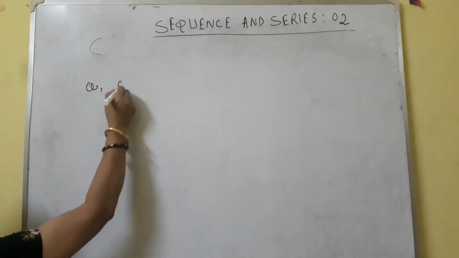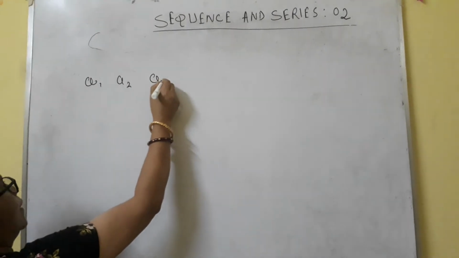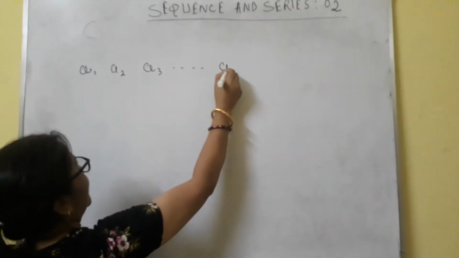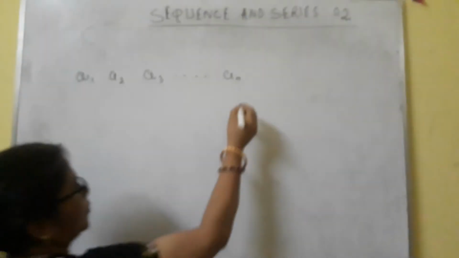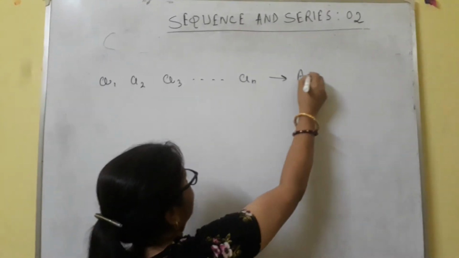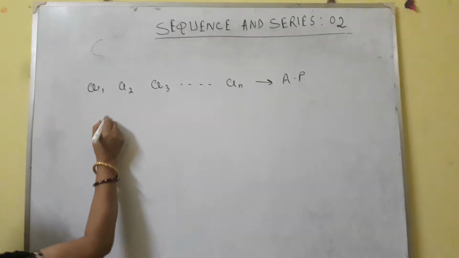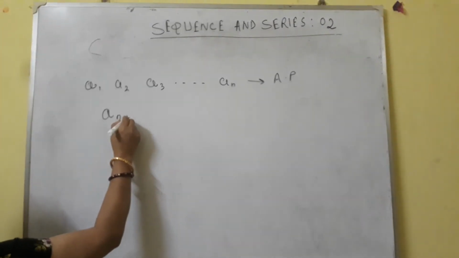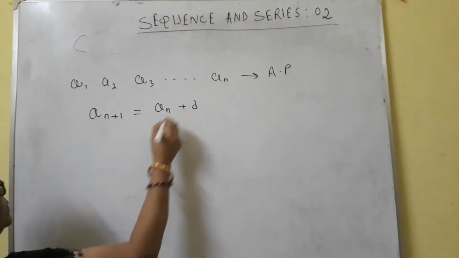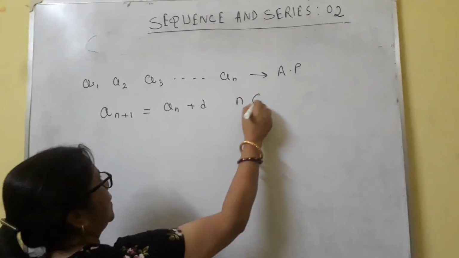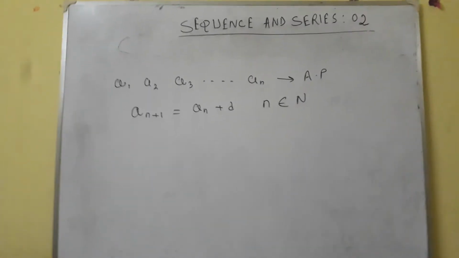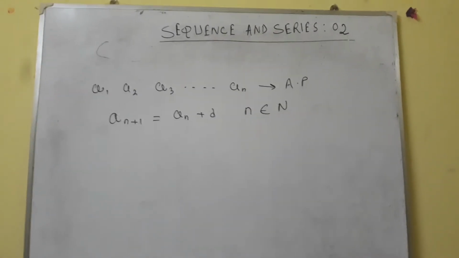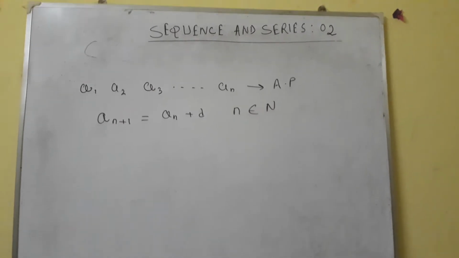A1, A2, A3, ..., AN are in AP, arithmetic progression, if A(n+1) equals AN plus D, where n belongs to the natural numbers.